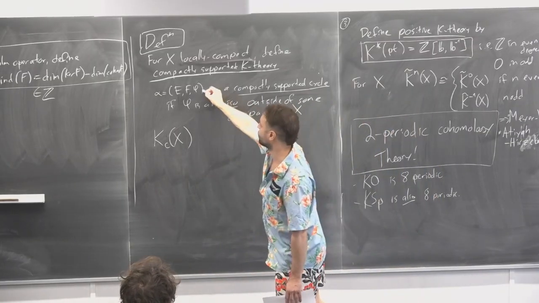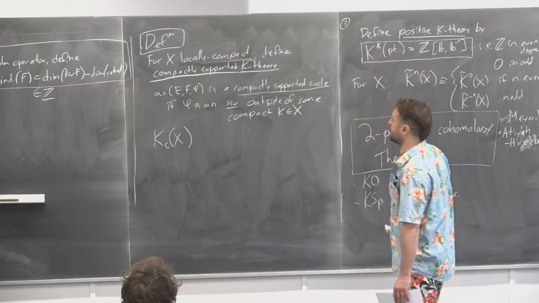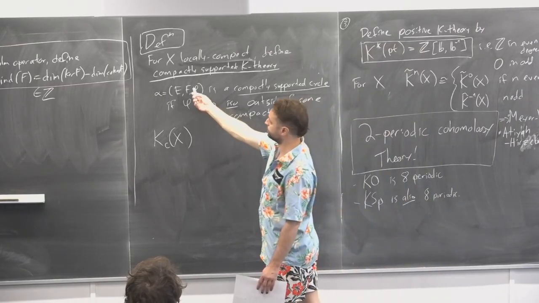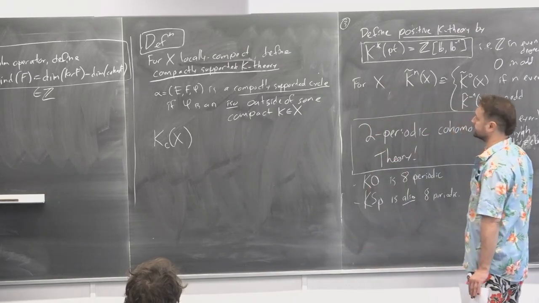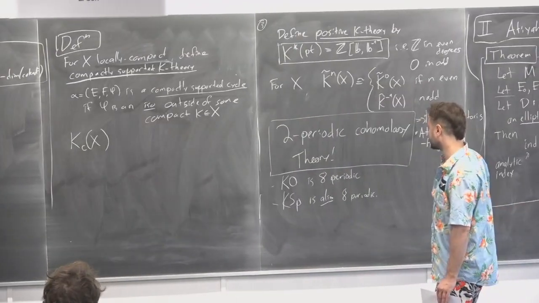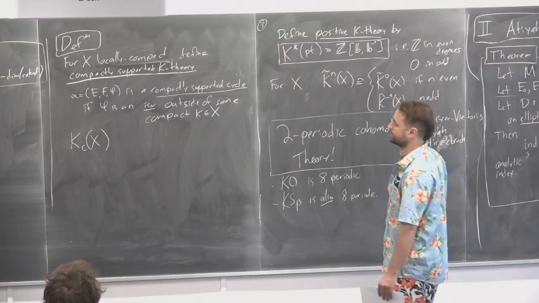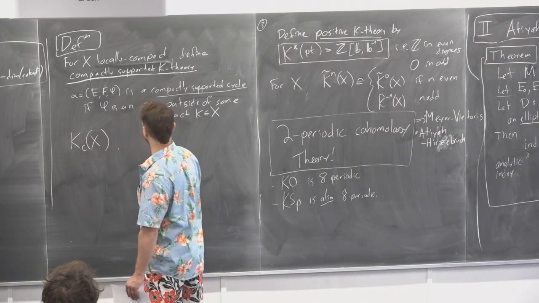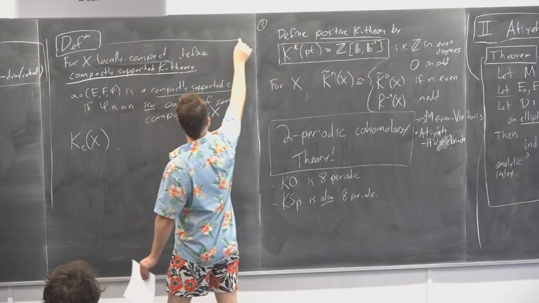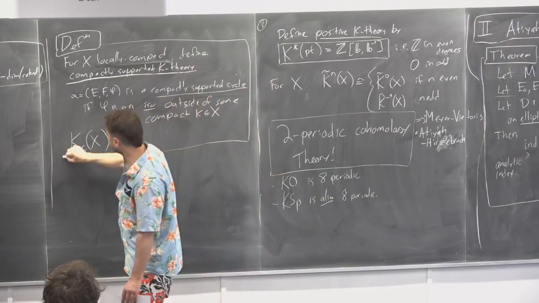You define concordance classes of this. You define it to be acyclic if phi is an isomorphism globally, and then you take the concordance classes of compactly supported cycles modulo those acyclic ones in order to define this group, compactly supported K-theory.